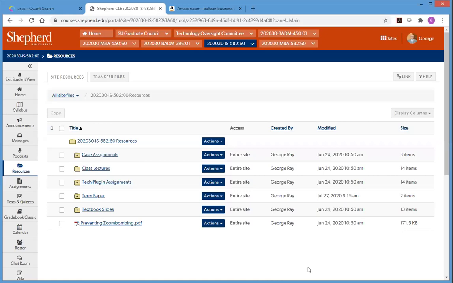One is the Information Systems 582 for the Data Analytics Master's degree, and the other is MBA 582 for the MBA, of course. And you'll be doing the same material in both of the courses.